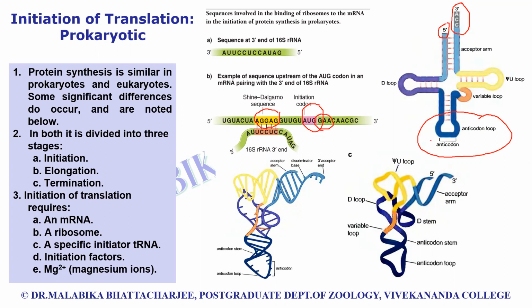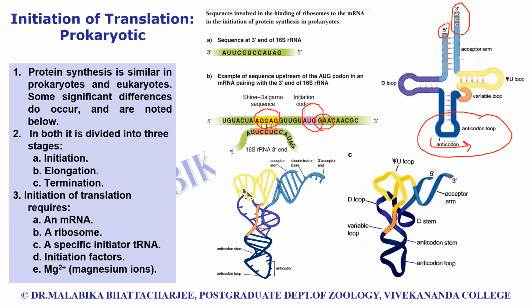Keep in mind the direction of the anticodon in 5' to 3' is this, okay? So this is the 3' end, this is the 5' end. And when we talked about the wobble hypothesis, I showed you how the codon and the anticodon pair, and what direction is maintained by the codon and by the anticodon.